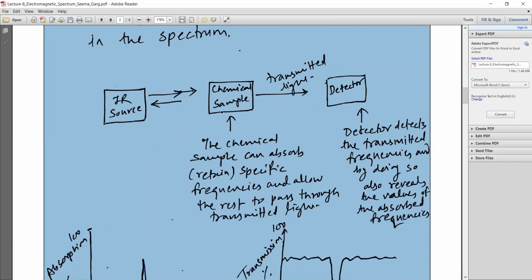Certain frequencies of IR are absorbed or retained and the rest are allowed to pass through as transmitted light. This transmitted light is detected by the detector, and by doing so it also reveals the values of the absorbed frequencies.